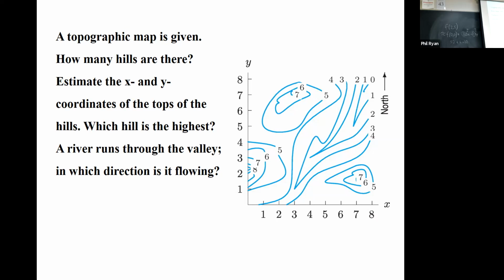And so here we can see that there's a little hill here, right? Because it goes 5, 6, 7. So we should be able to imagine that as a little hill that we go up. Again, there's a little hill up here, right? 5, 6, 7, 8. And down here, we can imagine there's some kind of valley going off towards the northeast.